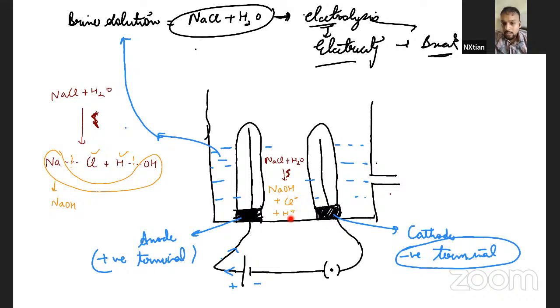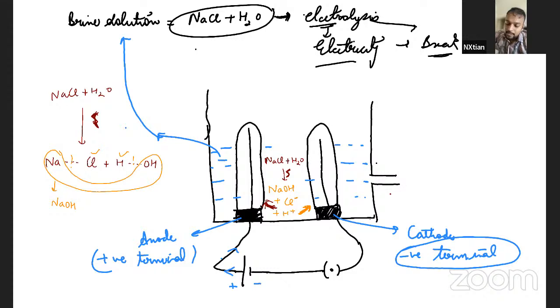So H positive will go towards the negative terminal, because positive attracts towards the negative. And in the same way, this chlorine Cl minus will go towards the positive terminal.